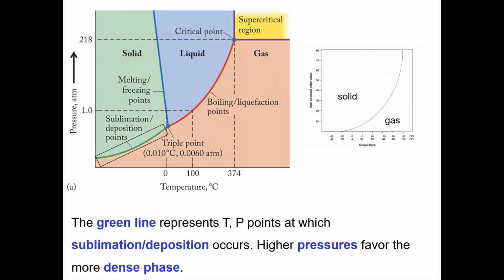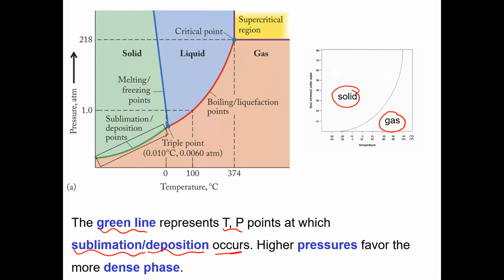So we'll start working left to right, understanding what these different lines are. This green line here that I've enclosed within a rectangle represents temperature and pressure points at which sublimation, a solid becoming a gas, and deposition, a gas becoming a solid, occurs. So this green line separates the solid from the gas.